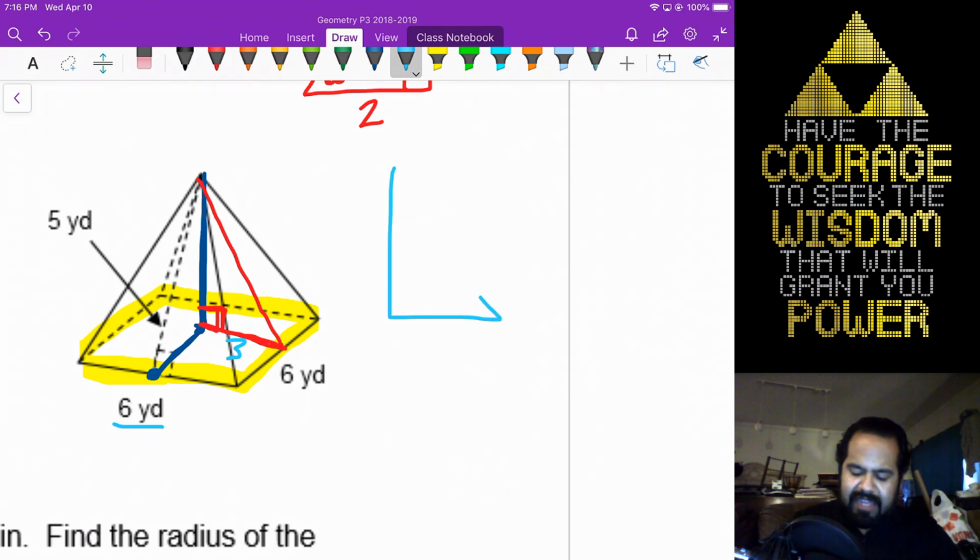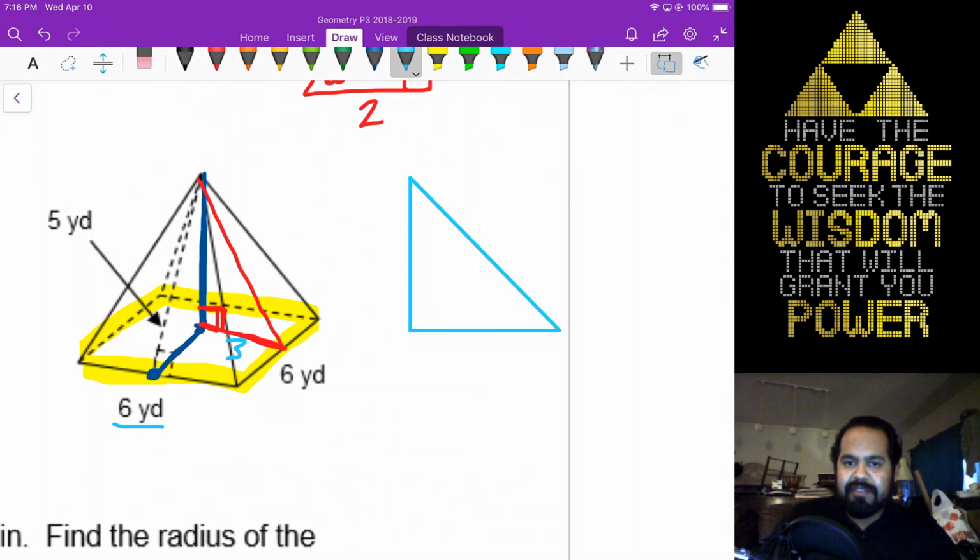One question I had someone ask me yesterday: a student asked, Mr. T, how do you know when to use a special right triangle versus the Pythagorean theorem? Well, it always depends on what you're given. If you have angles involved, you're probably going to use a special right triangle. I don't think we've done trig in this unit yet.